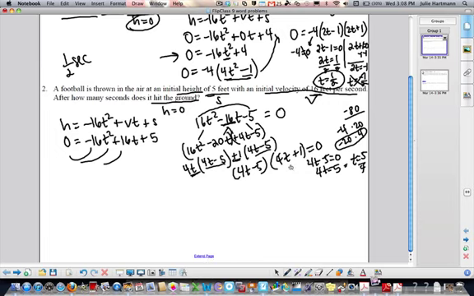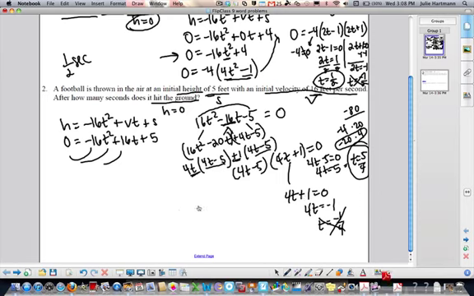Alright, so t equals 5/4, and then 4t plus 1 equals 0, minus the 1, you get t equals negative 1/4. Now, a negative 1/4, that's a negative time. We don't count that one. We just have t equals 5/4. So, after 5/4 seconds, the football is going to hit the ground.